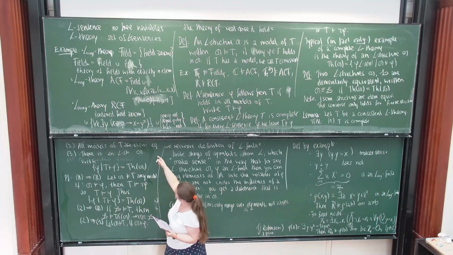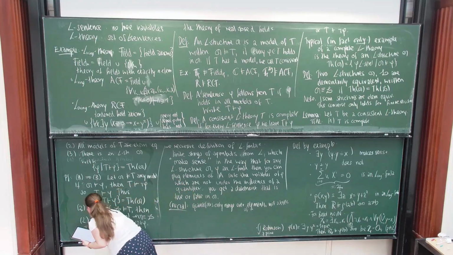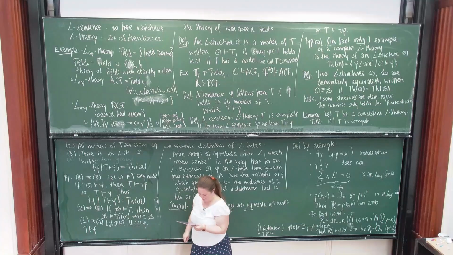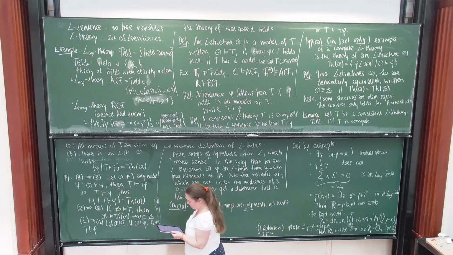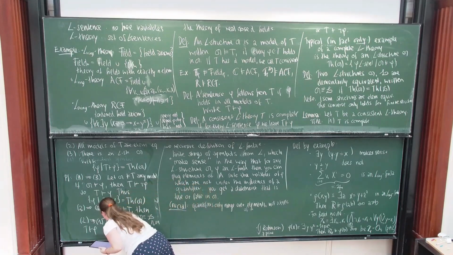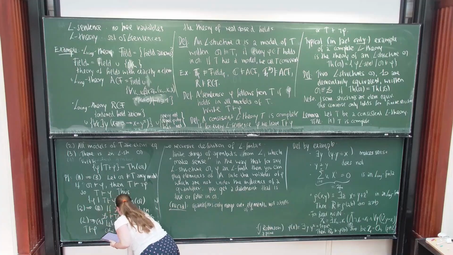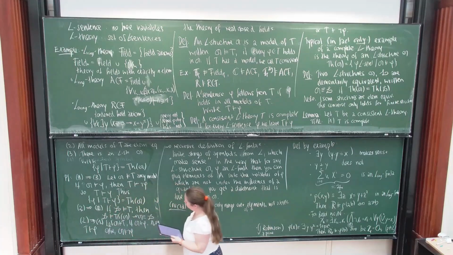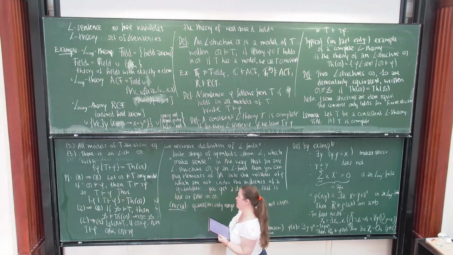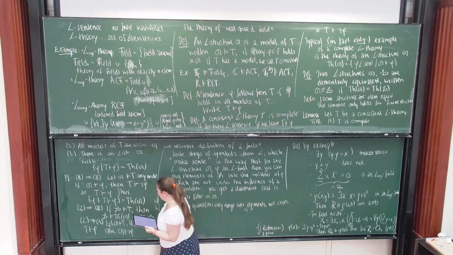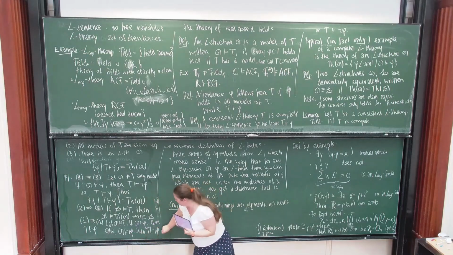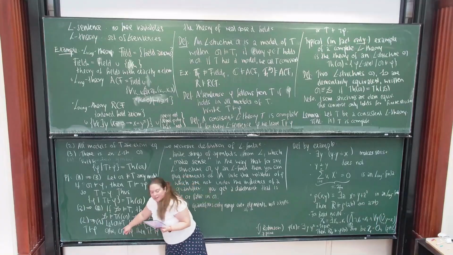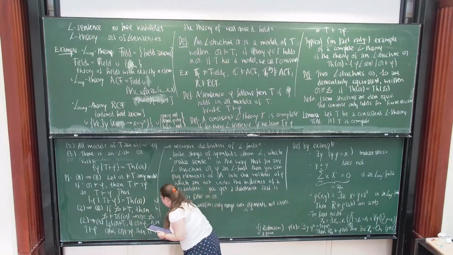In particular, it holds in all models of T, so T must entail phi. But otherwise, not phi holds in A, and then T entails not phi. So T entails every phi or its negation because every phi or its negation holds in A. So T is complete.